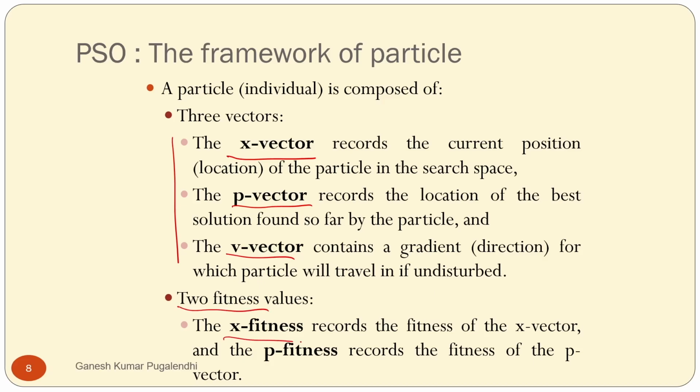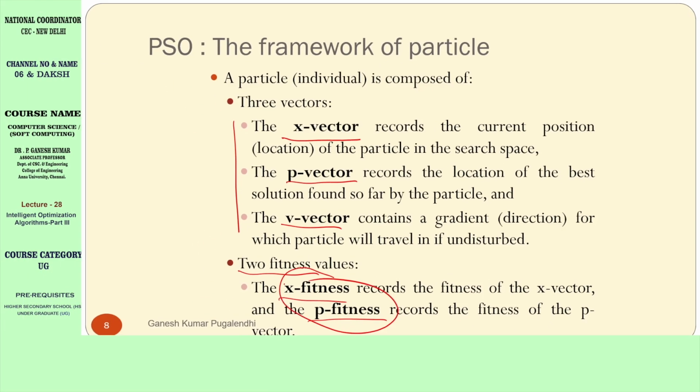One is the x fitness value, where the current position is subjected to fitness evaluation, and the other is the overall best fitness value. It is essential to keep track whether we are going in the right direction or the worst direction, and to change direction according to the x fitness and p fitness values. So there is a comparison between these two at all times.